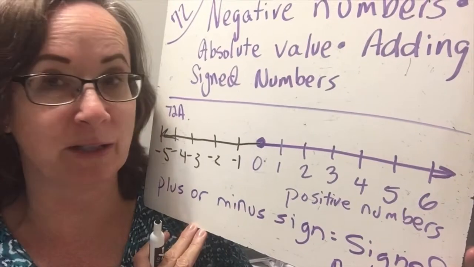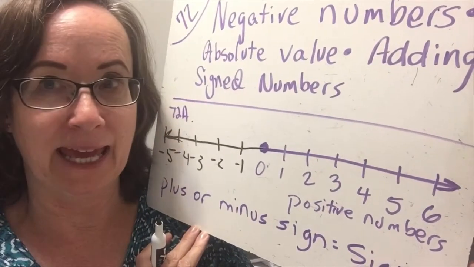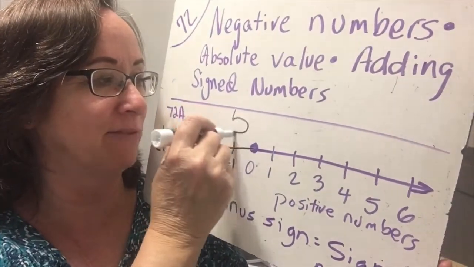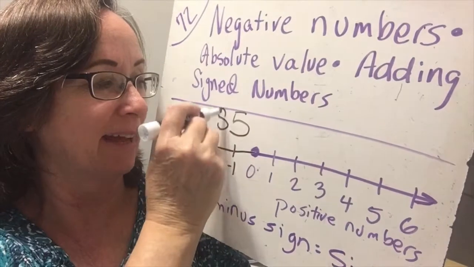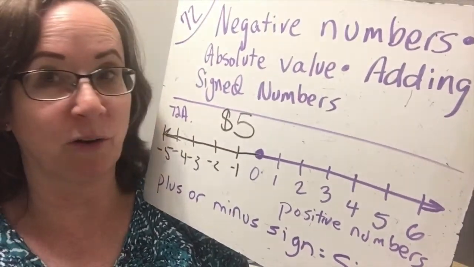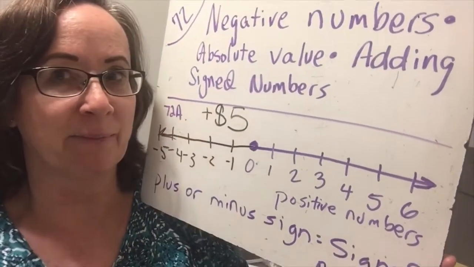So suppose your mother gave you a $5 allowance. So you have a $5 allowance, and that's in your bank. So that's money you have. So we would call that a positive $5, okay?